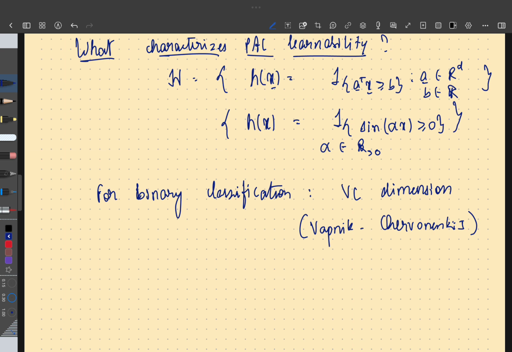And you can also get an upper bound on the sample complexity, or the minimum number of samples required to achieve an epsilon delta error, in terms of the VC dimension. And likewise, if the VC dimension is infinite, then this is not PAC learnable. So it's a necessary and sufficient condition for PAC learnability for binary classification problems.